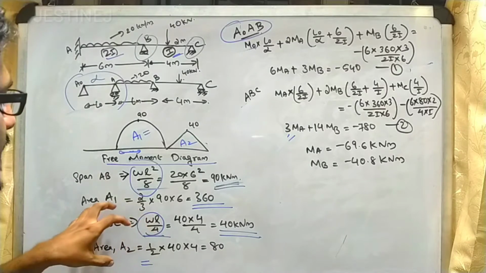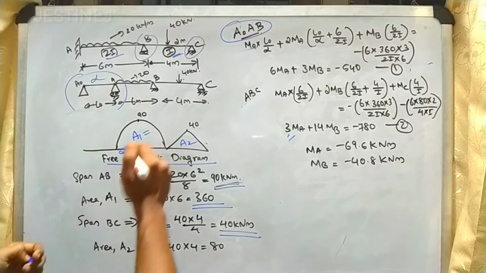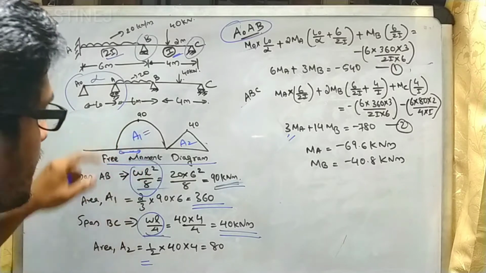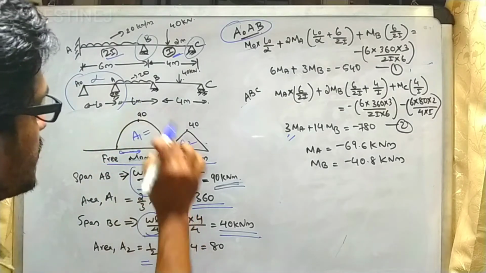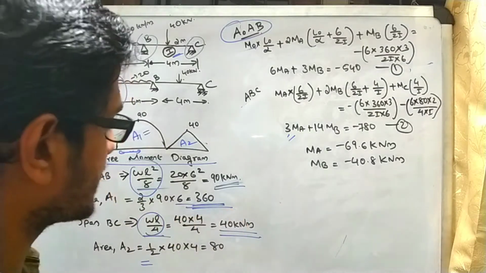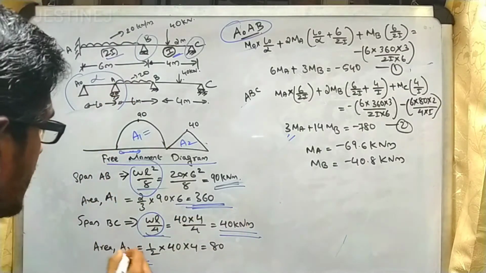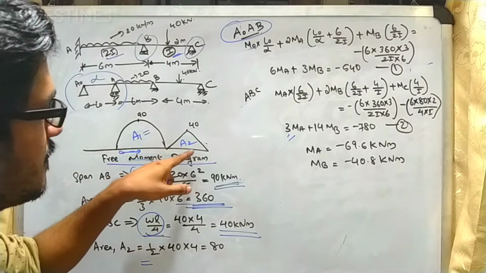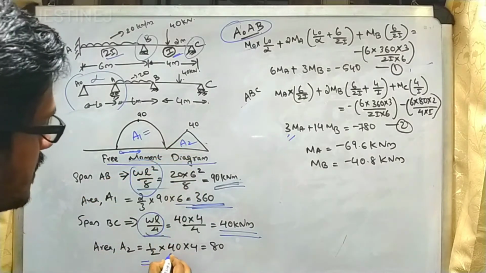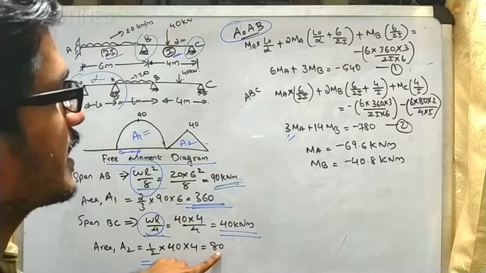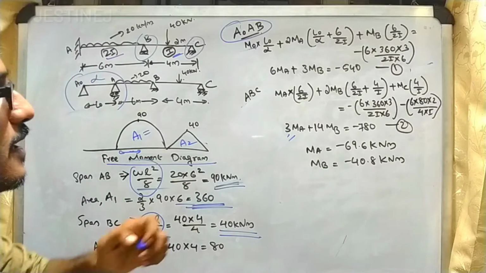Then note down the areas. It is a parabola, so 2/3 multiplied by 90, then the span 6, gives 360. The second area is half B multiplied by H, that is half into 40, then the span 4, which gives 80.